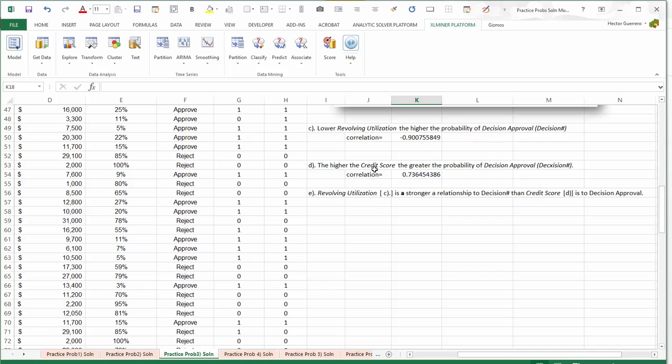Similarly, the higher the credit score, the greater the probability of the decision approval. This is a positive correlation, but not as strong as the correlation with the revolving utilization and approval. So if you had to look at one thing to determine whether someone was approved, the revolving utilization is a stronger relationship than the credit score is to credit approval. All right, that concludes this particular problem 3 in Mod 4.